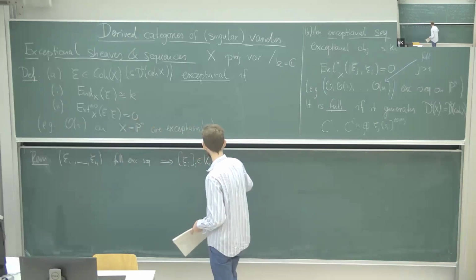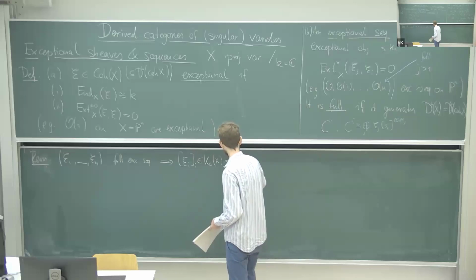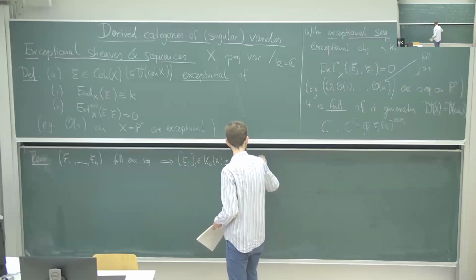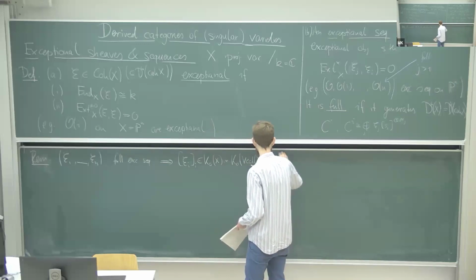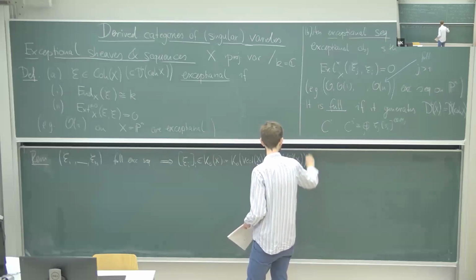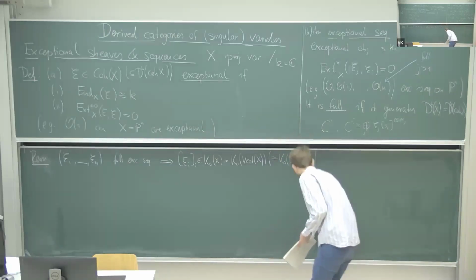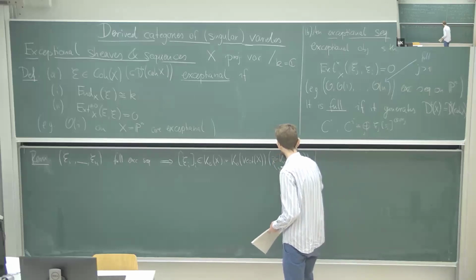So K0 of X doesn't really matter how I define it. Say I define it as K0 of the category of vector bundles on X. That would be the traditional way, but this is also the same as K0 of the bounded derived category of X in this case. So this uses X smooth.